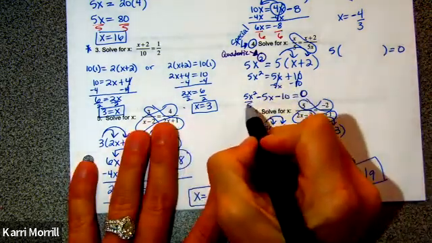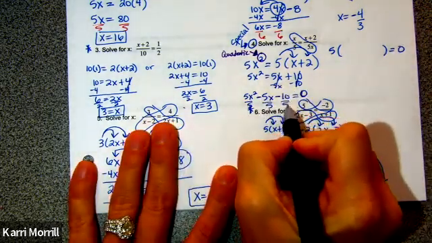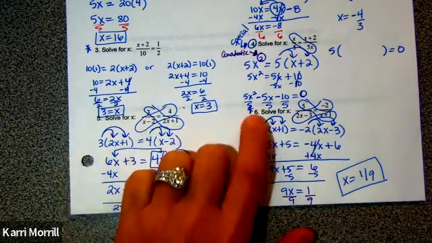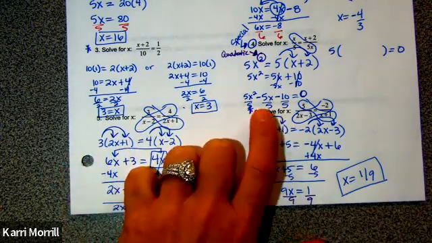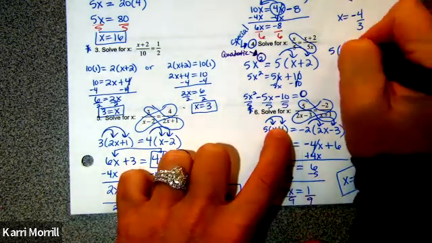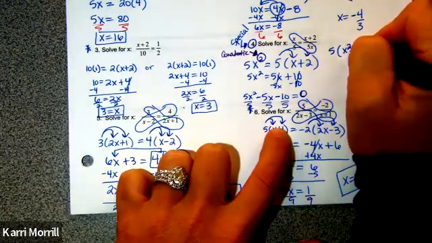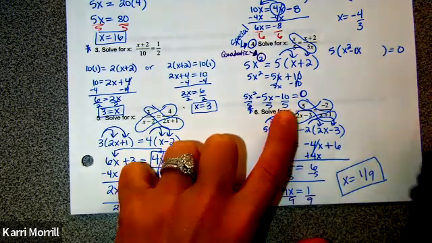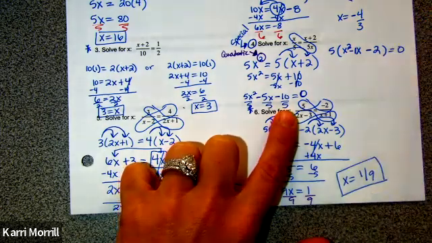I don't want that 5 there because I can divide it out. So I'm going to divide each one by 5. So you would just have an x squared, a minus 1x, let me go ahead and put a 1 there, and a minus 2.